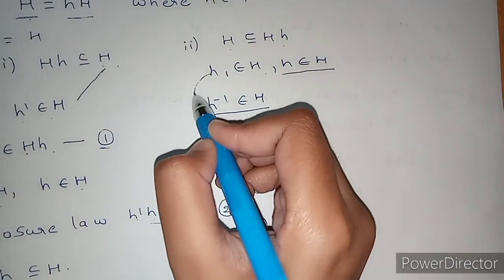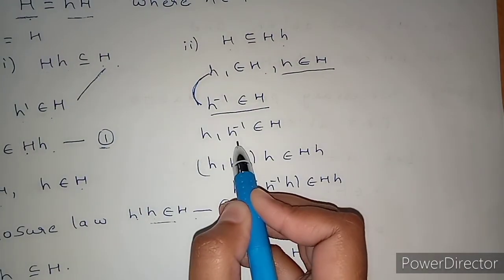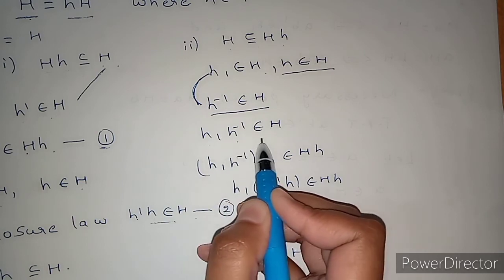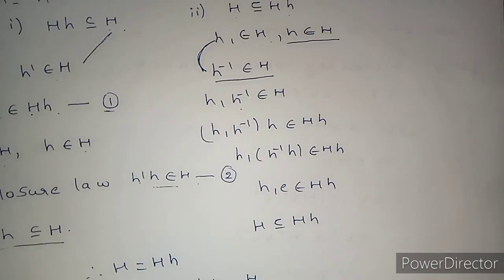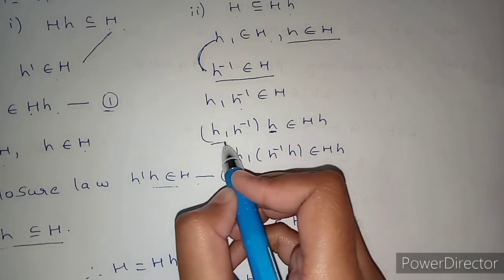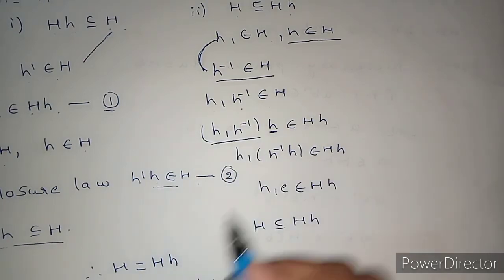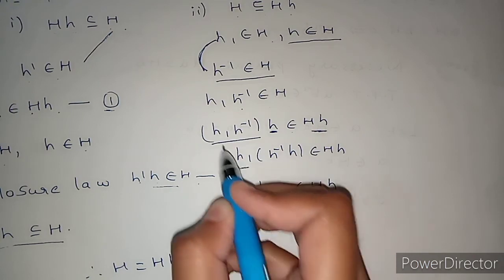Then their product also belongs to H. See, I am taking the product of h1 into h inverse. Okay, h1 into h inverse also belongs to H. Existence of inverse. Okay. Next, I am multiplying h to the right side of this term. Okay, so it belongs to right coset, right?